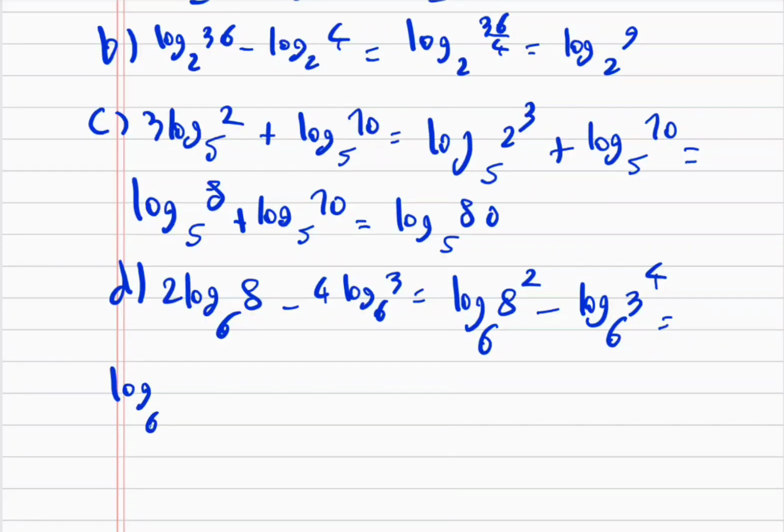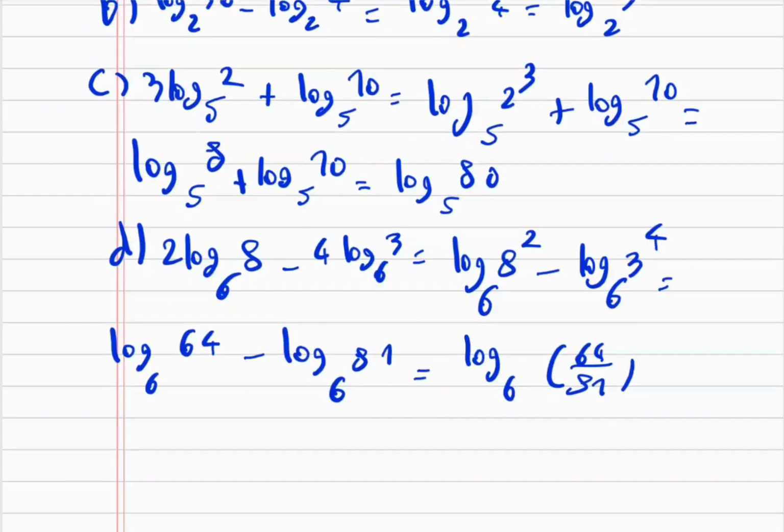So we have 8 squared is 64, and the second one, 3 to the power of 4, is 81. So this is equal to log base 6 of 64 over 81. So this is the division law.